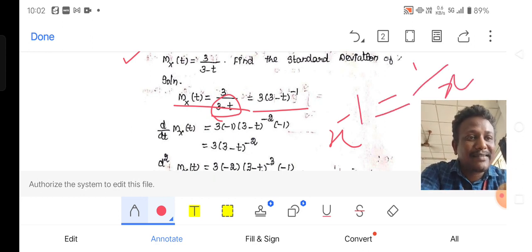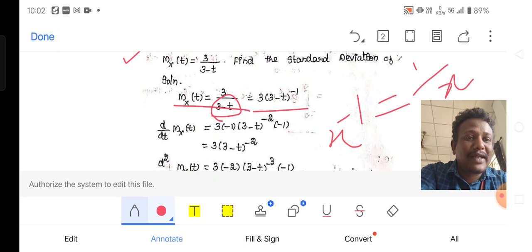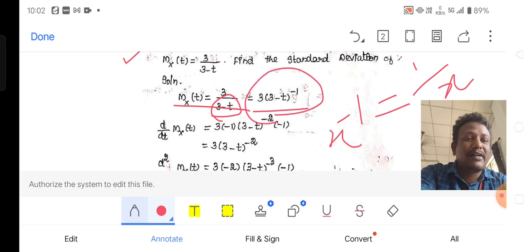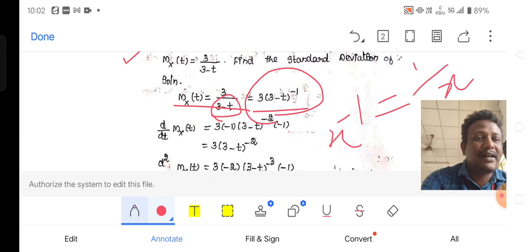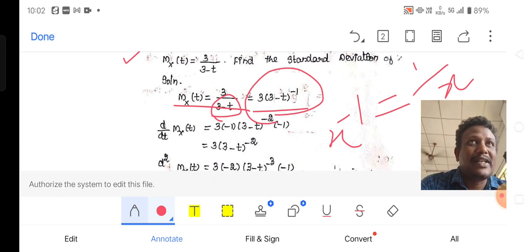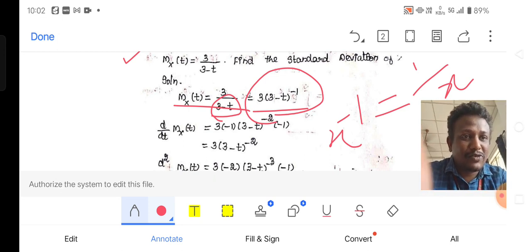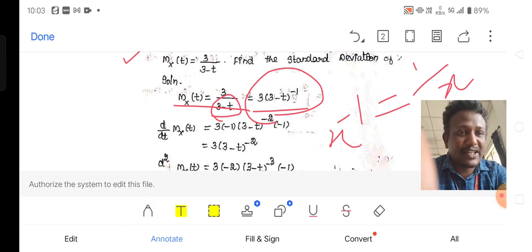So 3 minus t the whole power minus 1. Now first differentiate M_X(t) with respect to t, using the formula that the derivative of x power n is n times x power n minus 1.